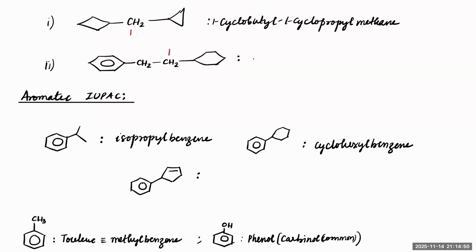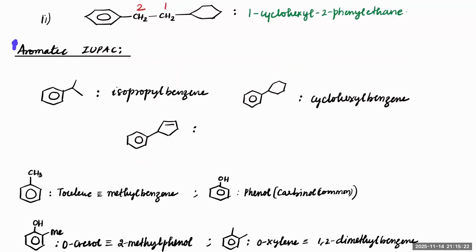So the numbering starts from here, 1 and 2. So what is the name here? 1-cyclohexyl, 2-phenyl ethane. Okay. So students, wherever you see multiple rings, please make sure the straight chain is the priority.